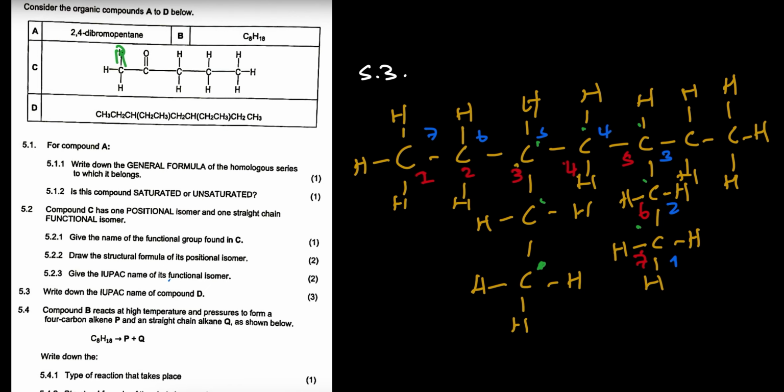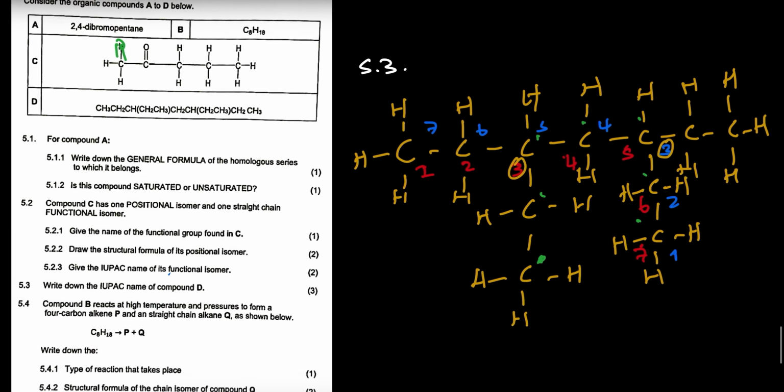I can see on this side, the first branch is on the 3, and also if I come on this side, it's on the 3. So it really doesn't matter which side I come from. So what I should do is name here. I have the branch at 3 and 5. So I should say I have the branch at 3 and 5.